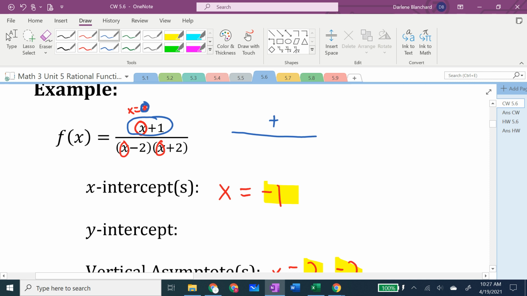Make sure you can see that's 0 for x. 0 minus 2 is negative. 0 plus 2 is positive. So the fraction overall, there's only one negative, so it is negative.